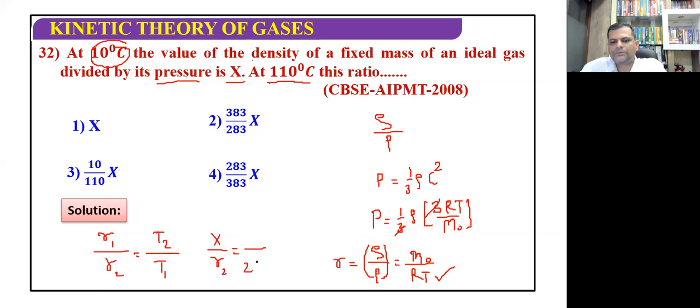Yes, so it will be 283 kept here, and T2 कितना है 110 डिग्री सेल्सियस है, तो 110 डिग्री सेल्सियस को अगर 273 ऐड करो तो वो केल्विन में आ जाएगा, और वो बनेगा 383 here, and then we'll be able to get this R2 from this equation here. So R2 will actually be equal to 283 upon 383 into x, which is already there in option number 4.